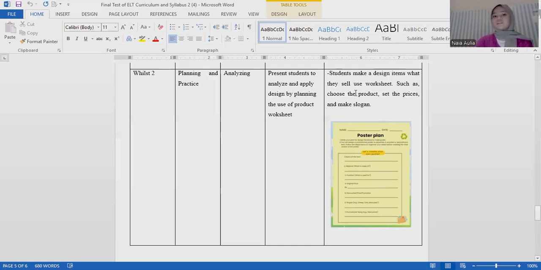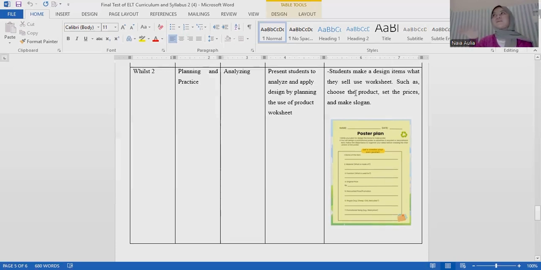For this reason, students have an idea of how to plan their own poster. So I facilitate them by giving a poster plan first.